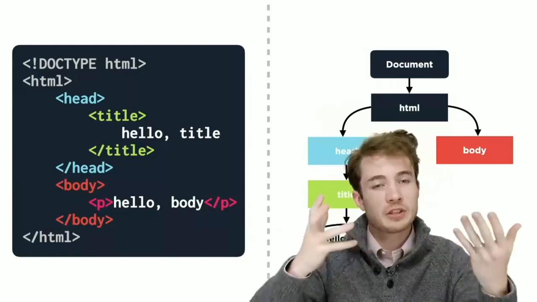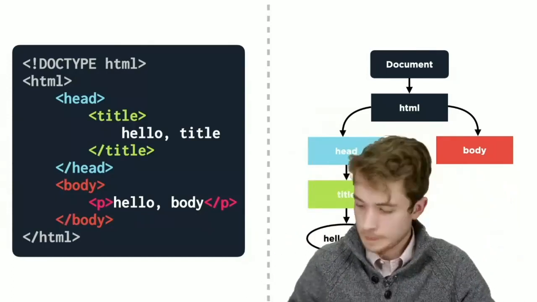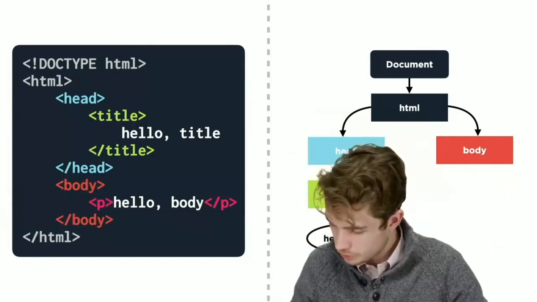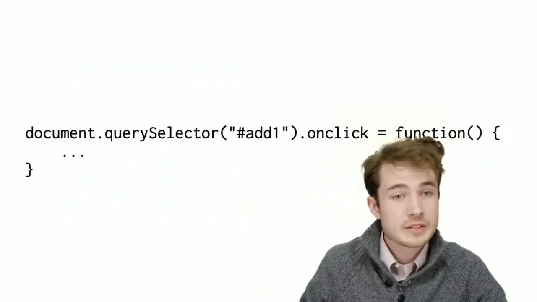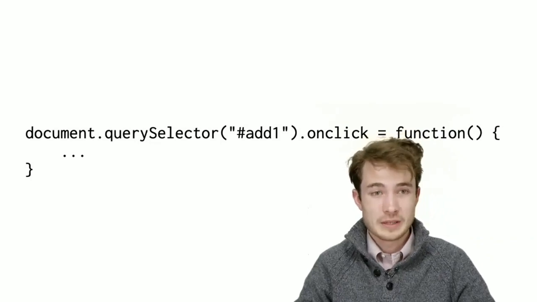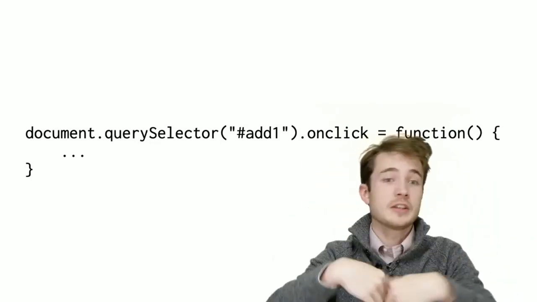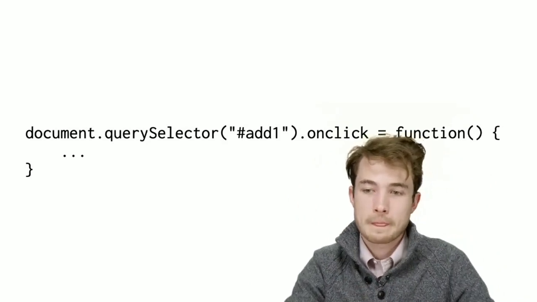And it's a way of starting at the top of our file and moving down. So notice how in our JavaScript code over here, we started with document.querySelector. So that's saying start at the document element, that very top level element, and go ahead and find me that element that has the ID add1.